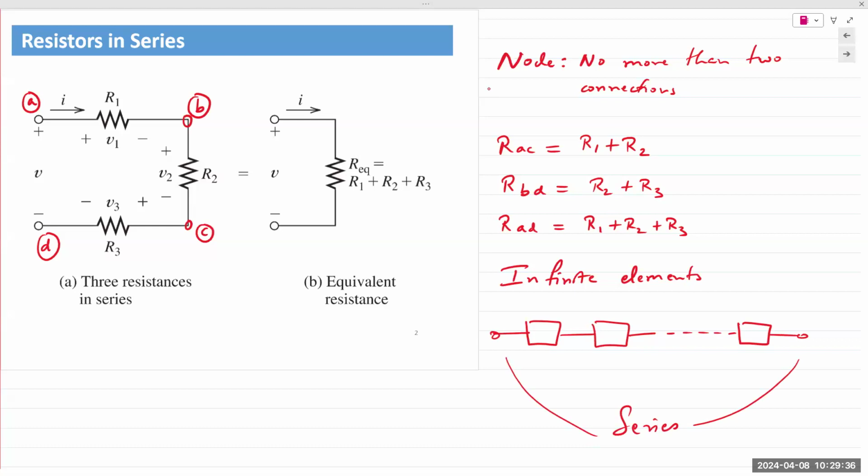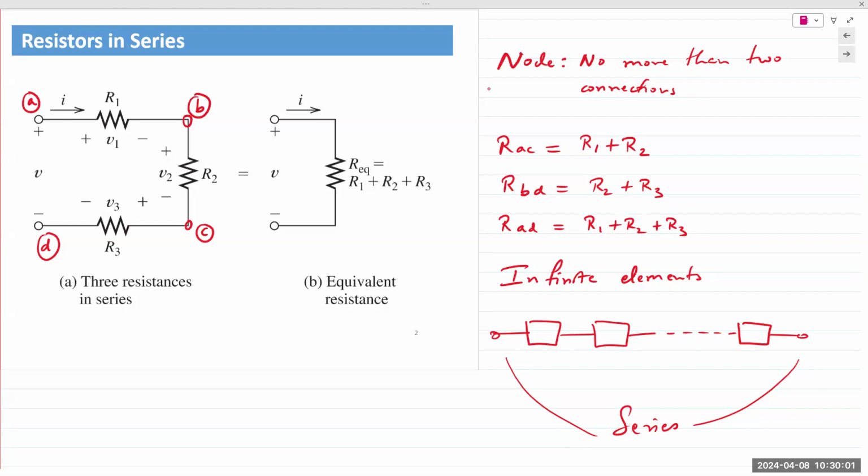Now, many books would take the notation of RT or R total. Sometimes in these slides, you would see R total. More often than not, you would see a notation called REQ. REQ simply stands for the total equivalent resistance as measured between any two terminals.